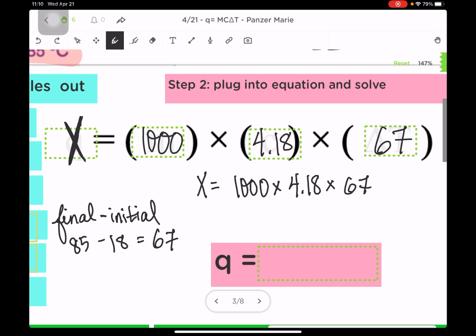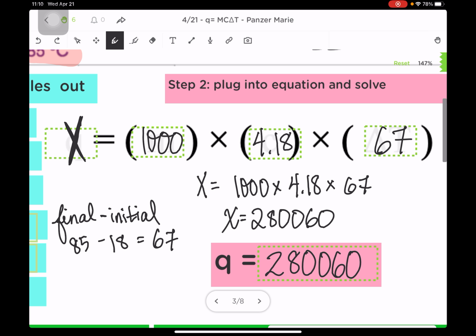That gives me this nice gigantic number, 280,060. All right, so I put that here, 280,060. Don't write commas. Don't put any commas in your numbers.